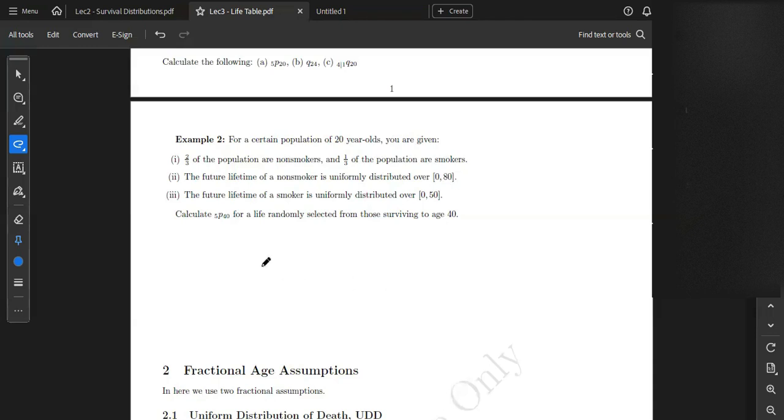In this question, we are asked to find the survival probability of a person who is at age 40 and survives for 5 more years. That means starting from age 40 to 45, we need to find the probability of survival. But there's one additional condition. So this randomly selected person can fall into two different subpopulations, which is non-smokers and smokers in this case.